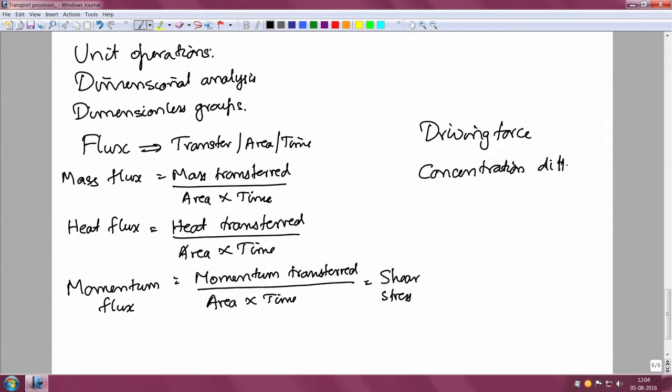Similarly, there is going to be no flux of heat from the fluid to the surface unless the bulk temperature is higher than the surface temperature. Heat always moves from regions of high temperature to low temperature. So, transfer necessarily has to involve a temperature difference.